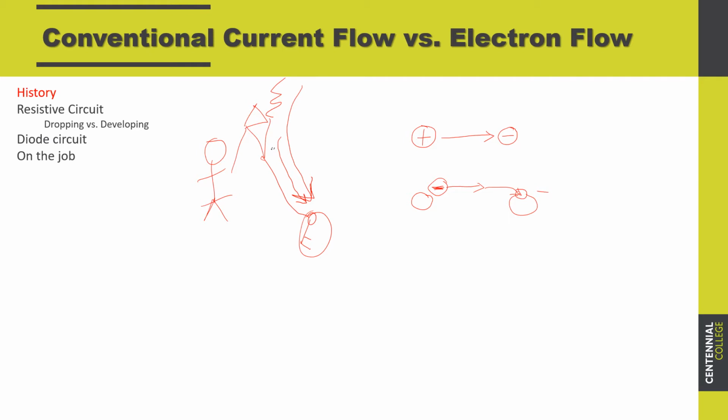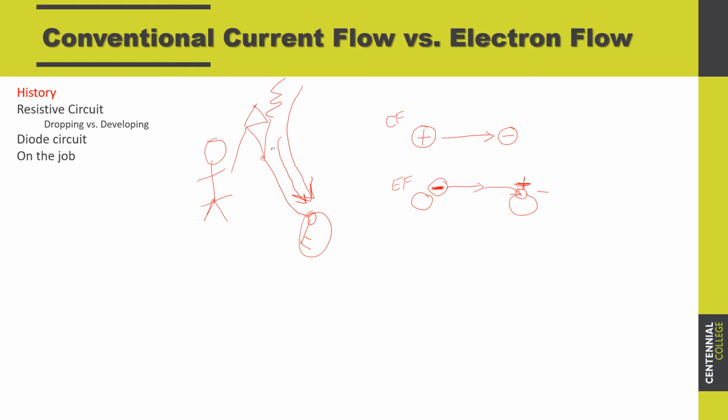And so we understand that that's electricity. It's these negatively charged electrons that are going to find this relative positive charge over here. And so this is electron flow theory, and you should be fairly familiar with that by now. And the old way was referred to as conventional current flow.